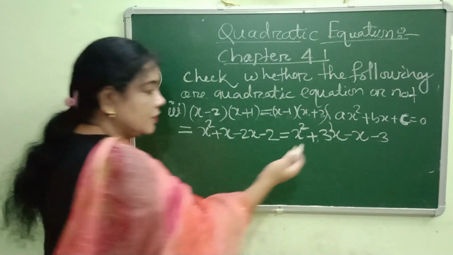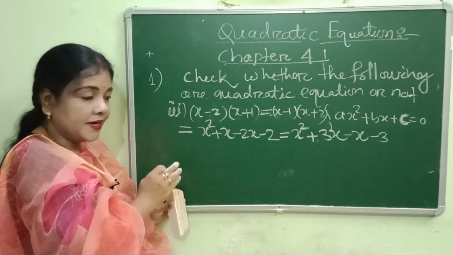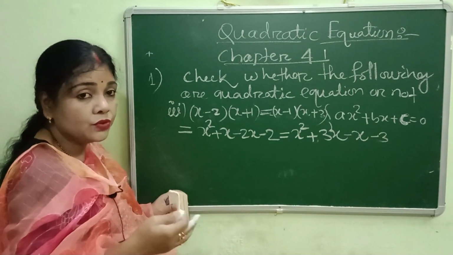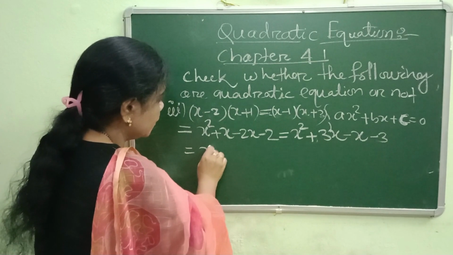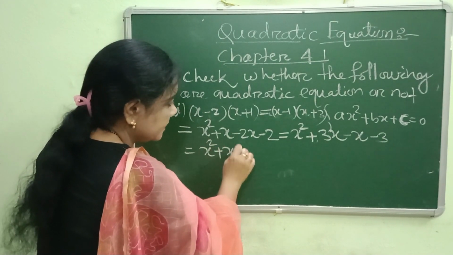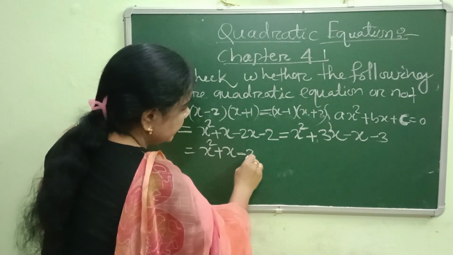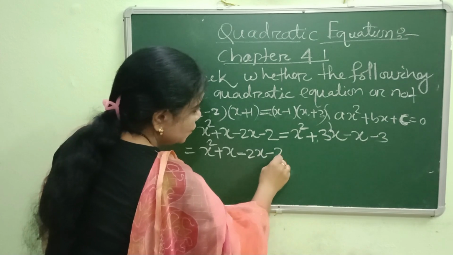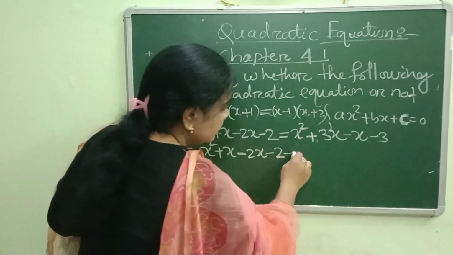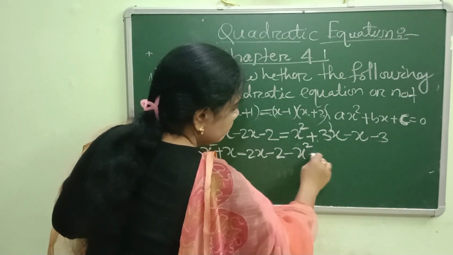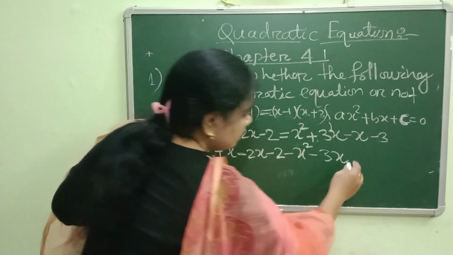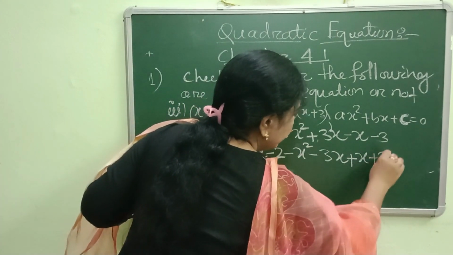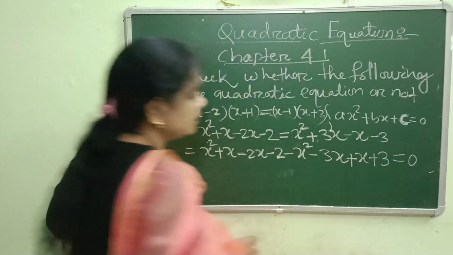Now bring all the terms from right hand side to the left hand side and make it equal to 0. That means x square plus x minus 2x minus 2, minus x square minus 3x plus x plus 3 equal to 0.